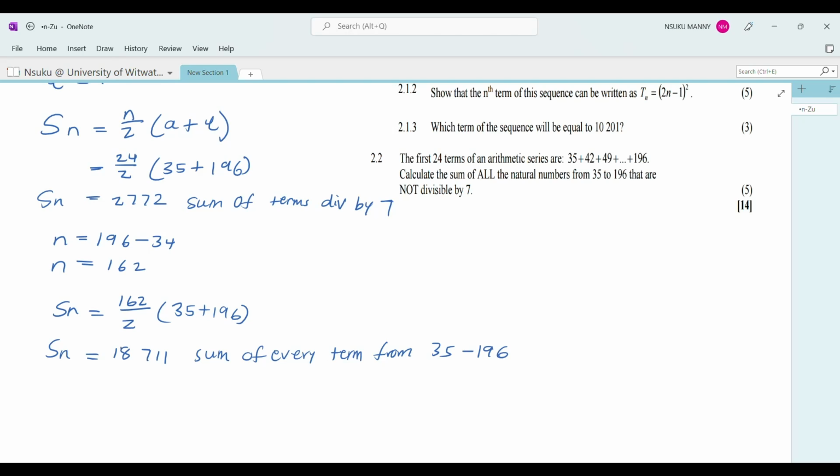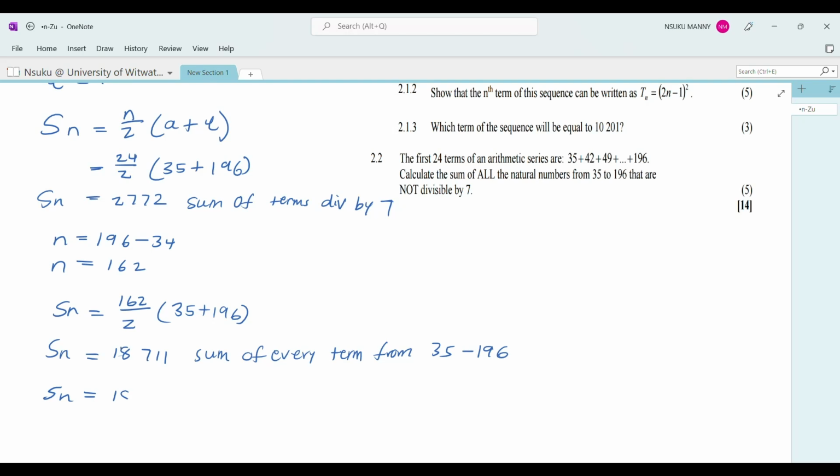The final step is to calculate the sum of the terms from 35 up until 196 that are not divisible by 7. We know the sum of all terms divisible by 7 from 35 up until 196 is 2,772. So we take the sum of every term from 35 up until 196 and subtract that value.